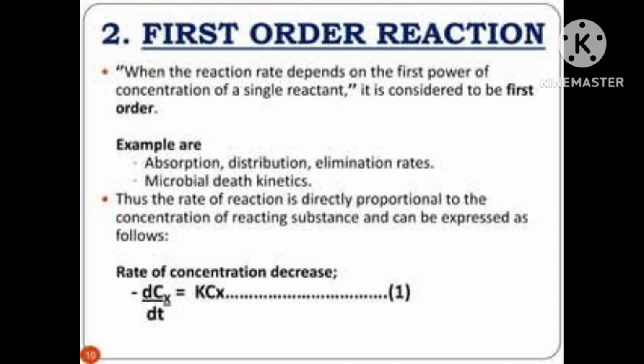Quickly you can tell: 3/2 means 1 and half. Then A is half and B is 1 and half. Total, half plus 3/2 or 1 and half, is equal to 2. It is a second order reaction. That means x plus y is equal to 1/2 plus 3/2, which is equal to 2. That is called a second order reaction.